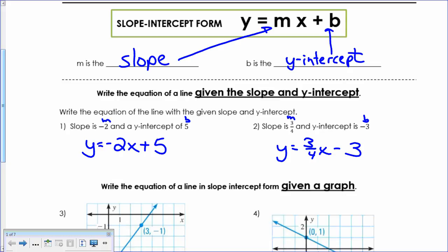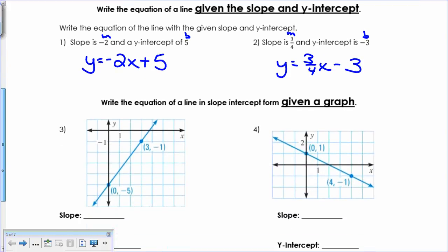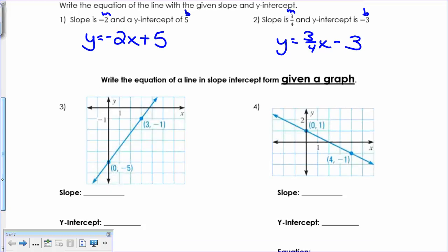Not too bad. All right, so here's where a lot of our work with the graphs comes in, why we did this. We're given two graphs here, and they actually wrote the points down for us. So the first thing I need to find is the slope. Basically, how high am I going up and how far am I going over?